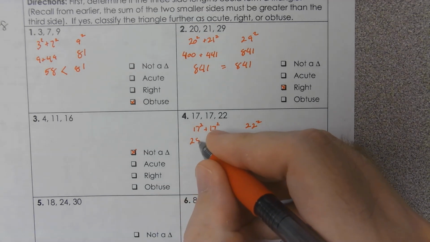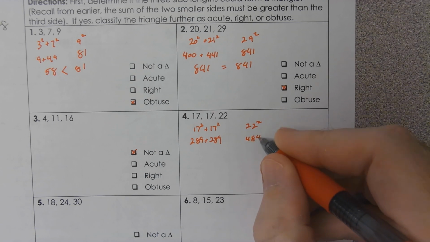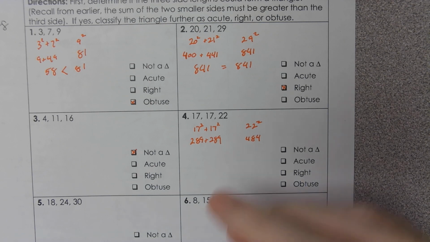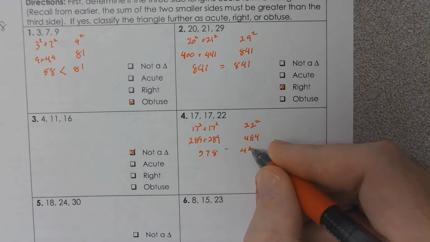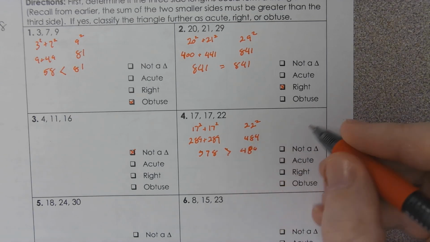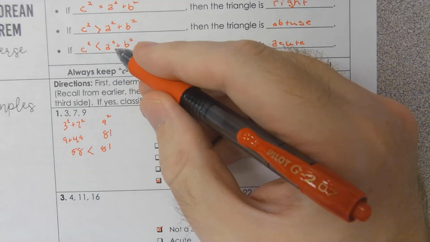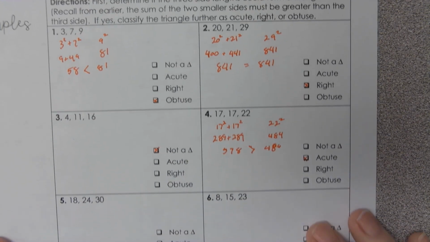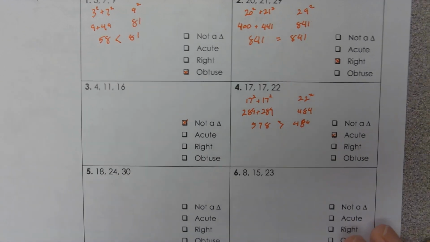Oh, that's 289 plus 289, and 22 squared is 484. 289 and 289 is 578. That's greater than 484. So, because a squared plus b squared is greater than c squared, it's acute. Okay, and that's really all we're doing.